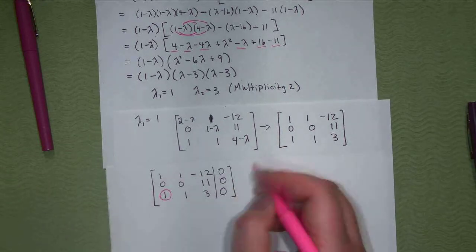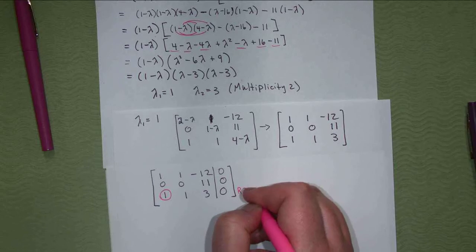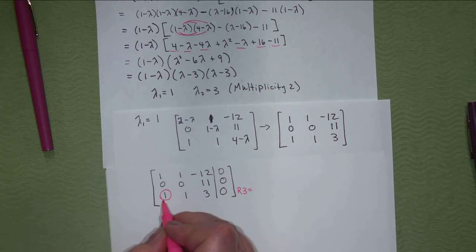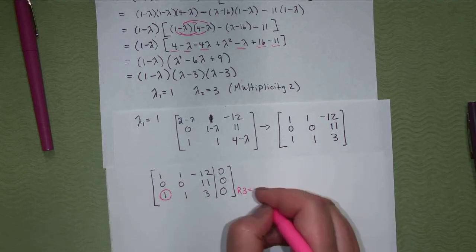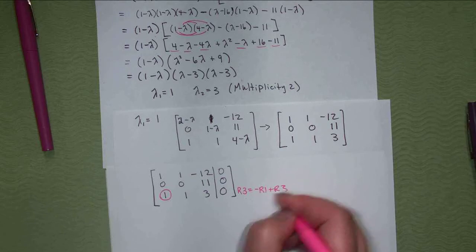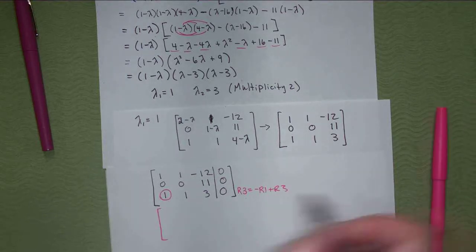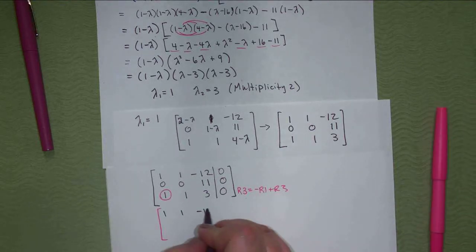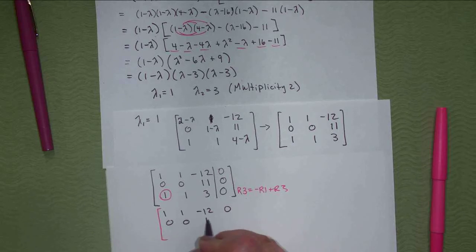So, this is row 3. We want a 0 here, so you would do minus row 1 plus row 3. And we end up with 0, 0, 15, 0.